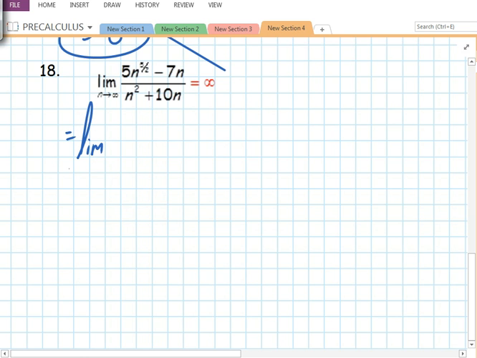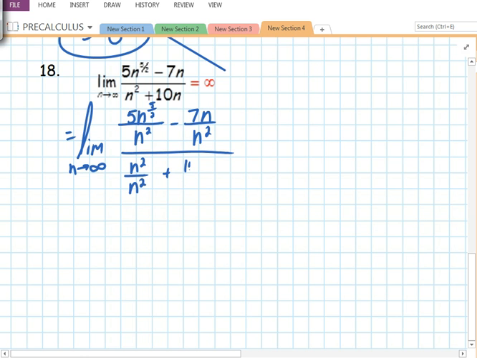Again, same process as the one we just saw. You could think of this as 5n to the 5/2 power over n squared minus 7n over n squared. And then the denominator we have n squared over n squared plus 10n over n squared.